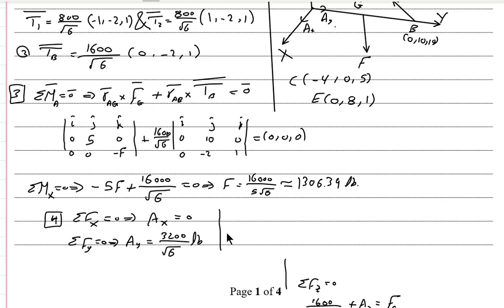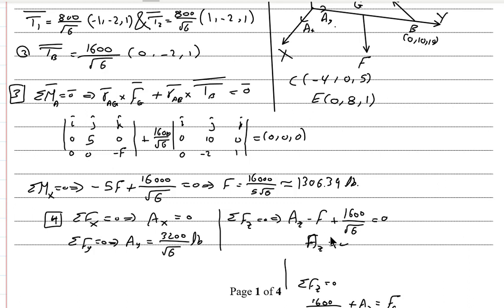And finally we can get sigma Fz equal 0, which we have Az minus F, and then plus 1 times 1600 over root 6 plus 1600 over root 6 equals 0. By this way we can get the value of Az.